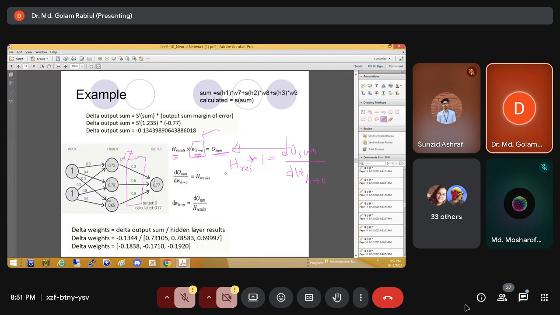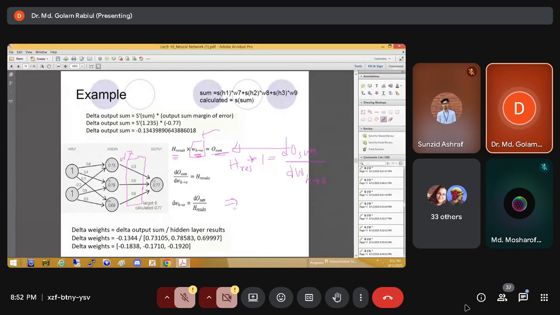So the hidden results equal delta O sum by delta W.